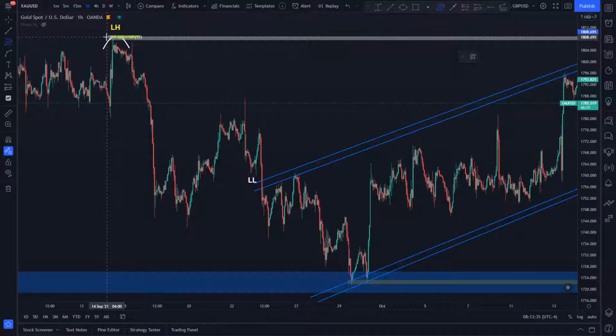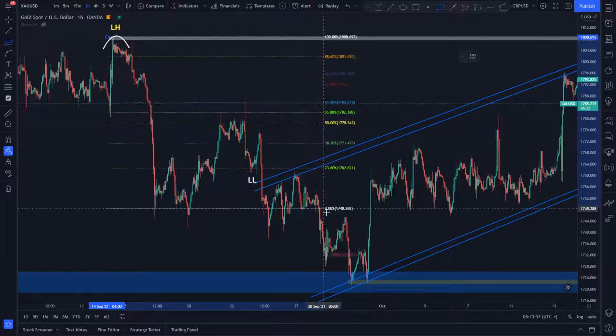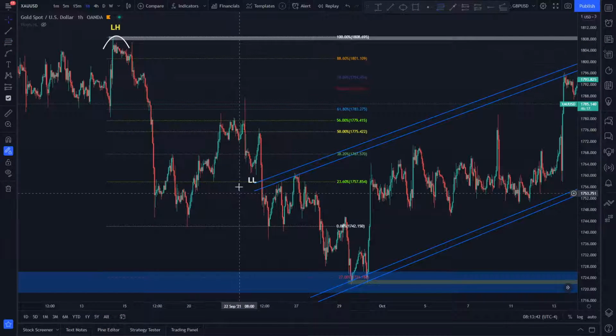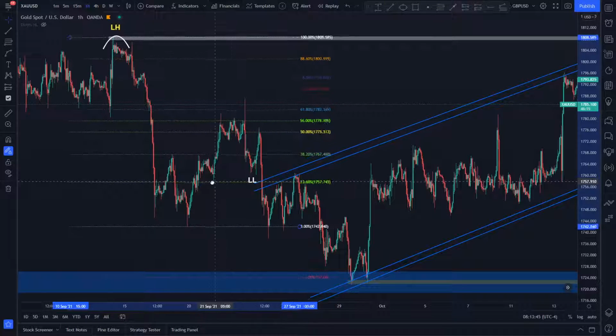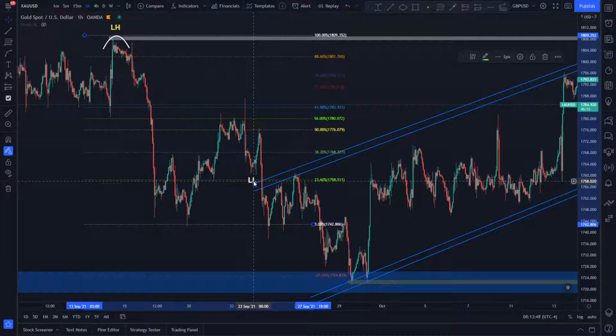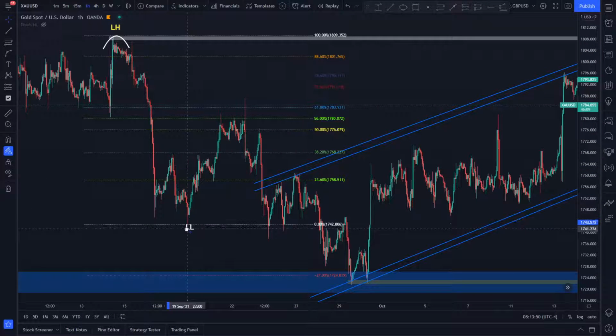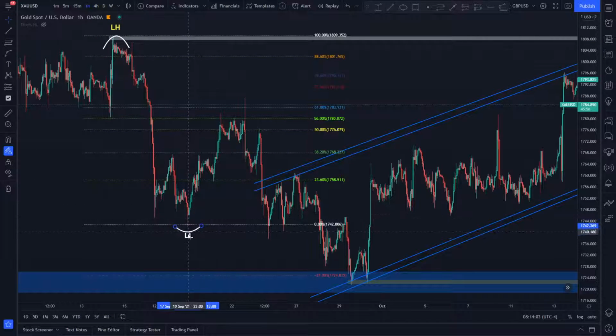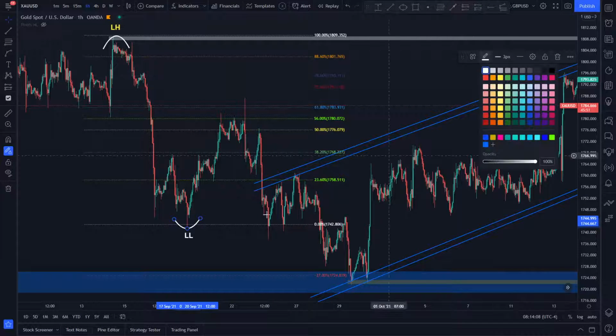And for us to look for the next lower high, we've got to draw out the fibs. So we know from the 0% line, when we draw out the fibs, that this is going to be the low right here. And all this marking up is going to definitely lead us to what is going on in the current market.